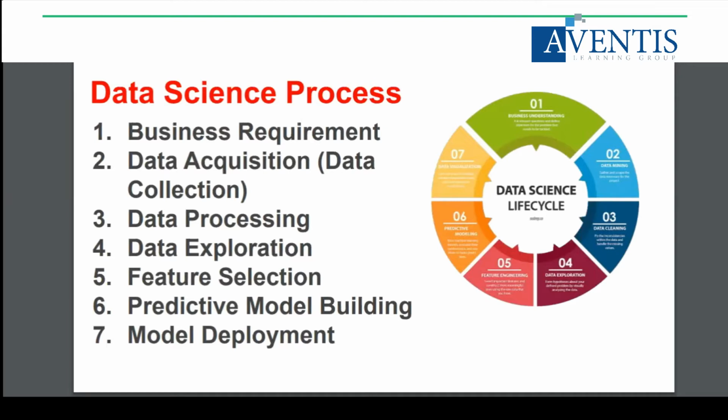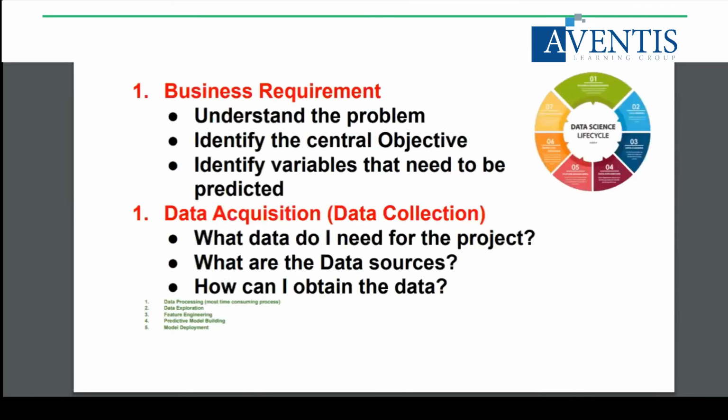Now I am going to give you a brief explanation of each of the points. The first one is the business requirement, which is about understanding the problem, and it differs across fields. For example, it may be retail chain data, where the management observed a sales drop in the last quarter.